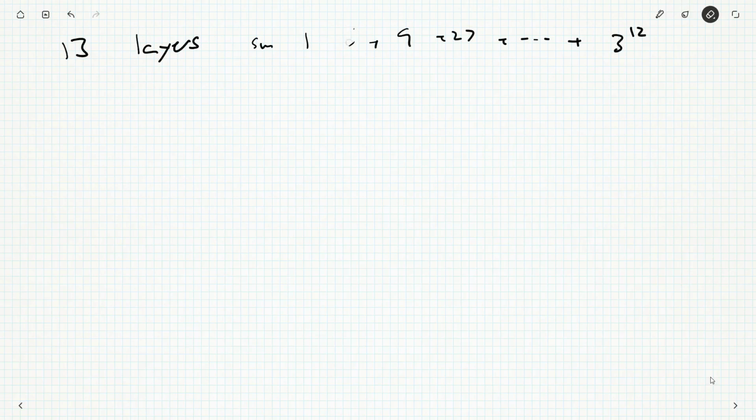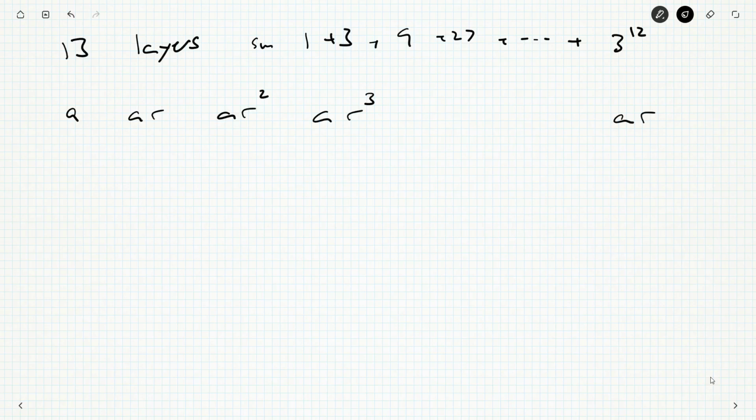Well, it's a geometric series, so it's not the hardest thing to add up. For a geometric series that looks like A, A times R, A times R times R, A times R times R times R, and so on, if we go up to a certain amount, A times R to the K, the sum here is always A times (R to the K plus 1, minus 1) divided by R minus 1.